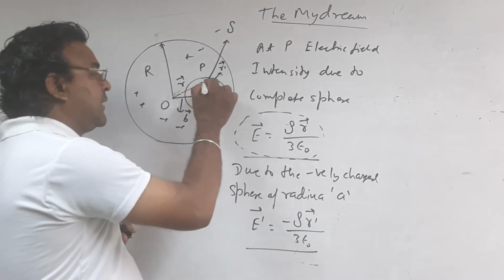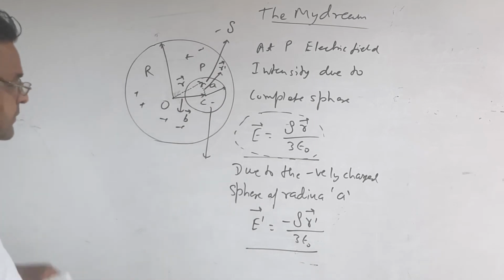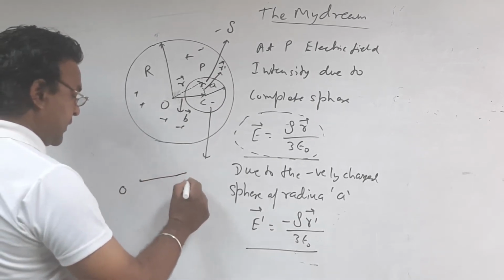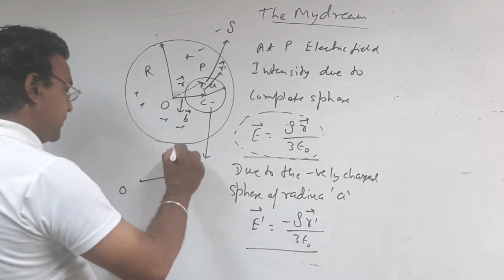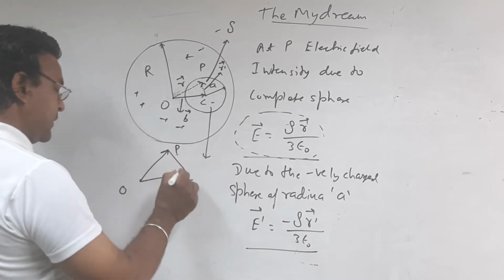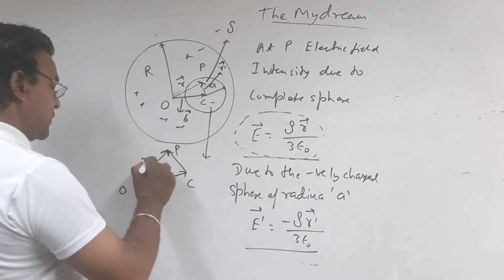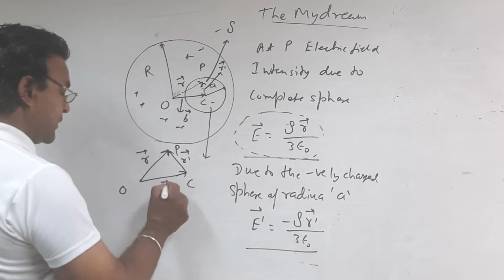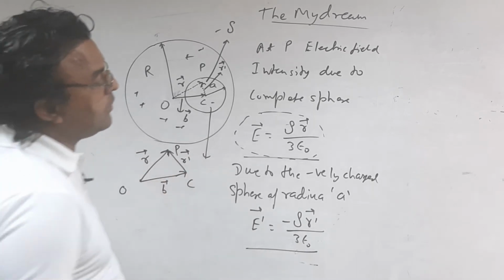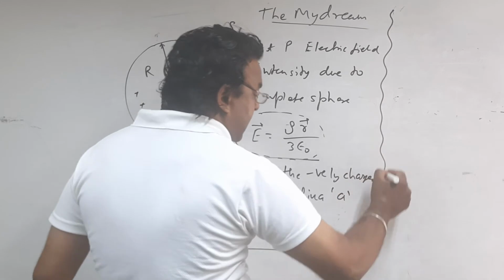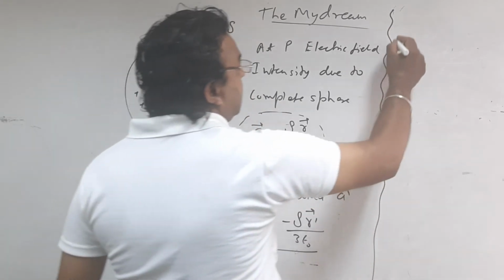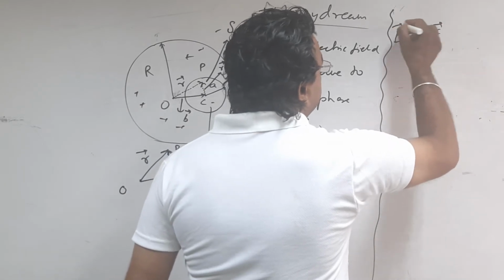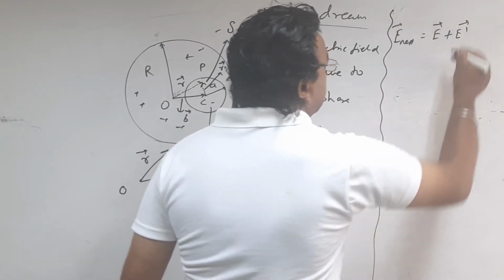Now this is r dash, this is r. I'll redraw here. This is O, this is C, this is P, this vector is R, this is R dash, and this vector is B. Now the net electric field intensity, E net, is equal to E plus E dash.